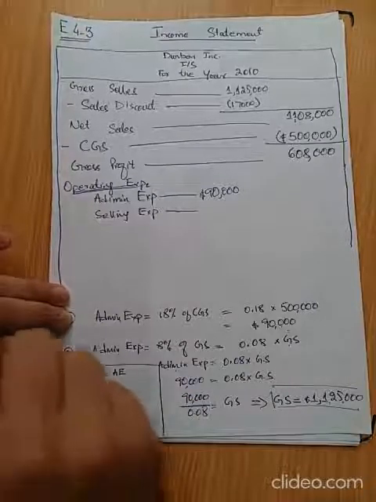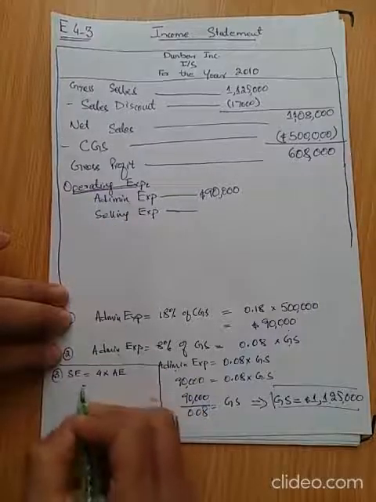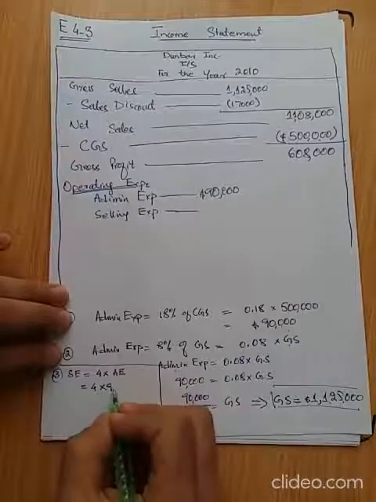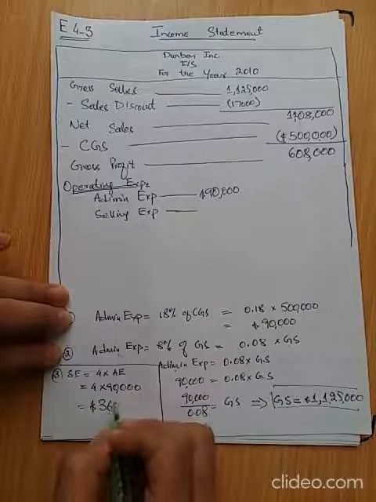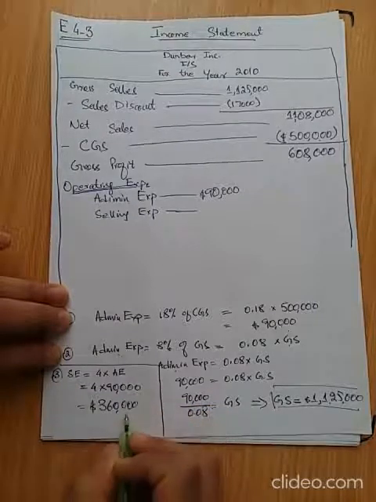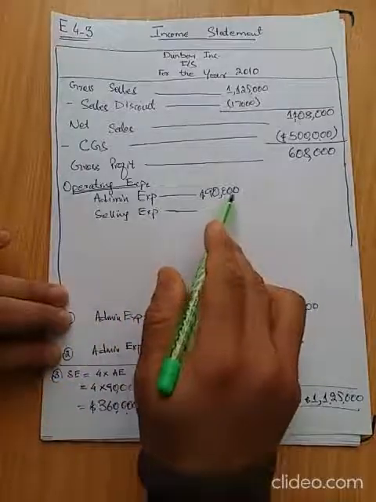So sales are 4 portions of the admin expenses. So it is 4 multiplied by $90,000, and this becomes $3,60,000.